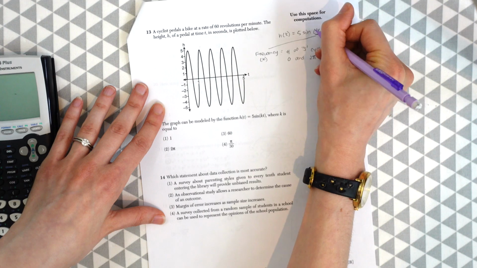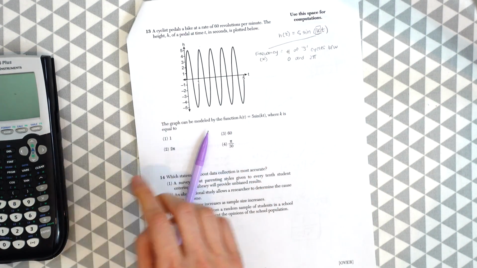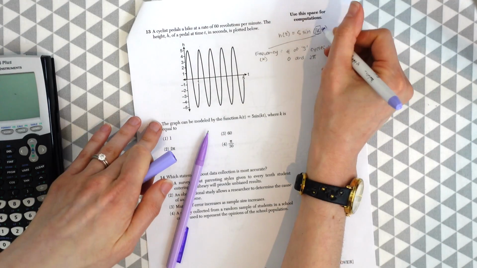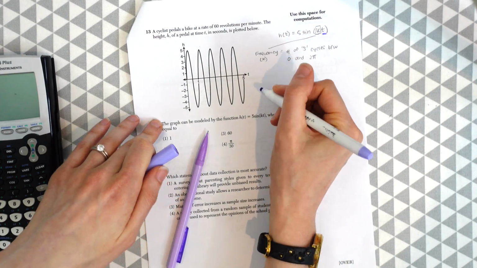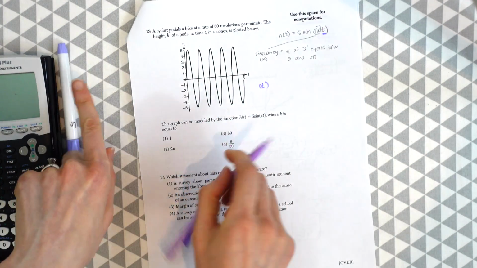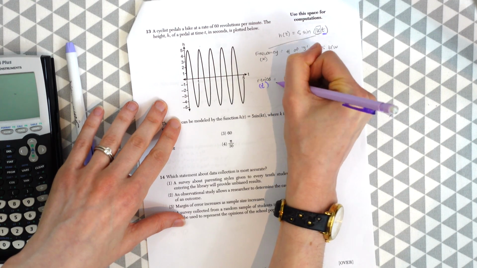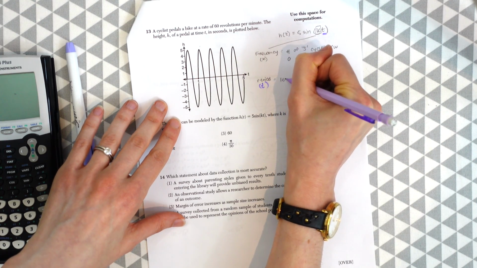So even though we're trying to find k, we can't forget about t, because we're going to need to know what t is in order to answer this question. So t is our period, and this is the length of one cycle.